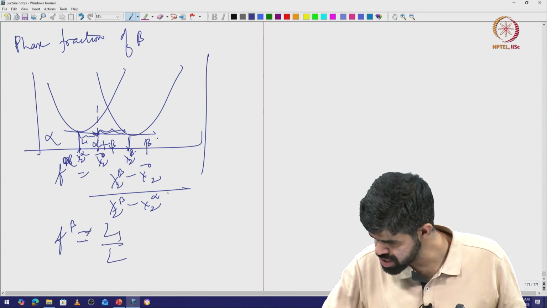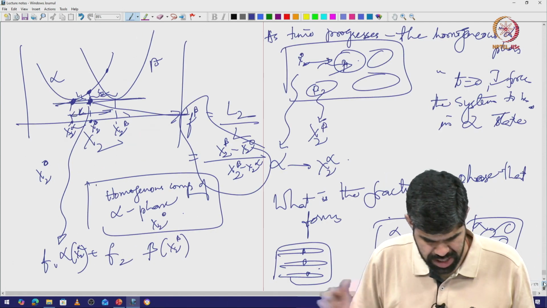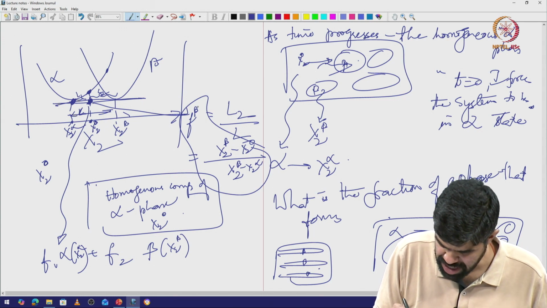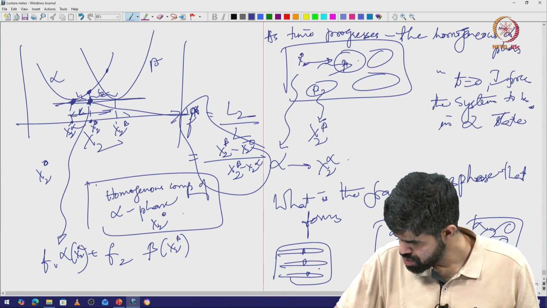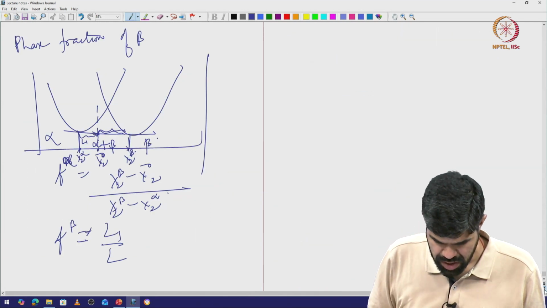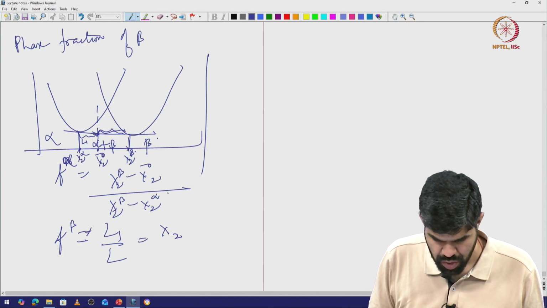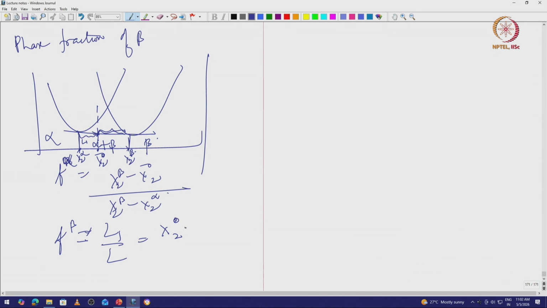So, what I wrote earlier is actually wrong. This is actually not f beta, this is f alpha. So, that is equal to x2 0 minus x2 alpha divided by x2 beta minus x2 alpha. This is the total length of the lever and this is the part of the lever that contributes to the beta phase. Now, this is what is called the lever rule.